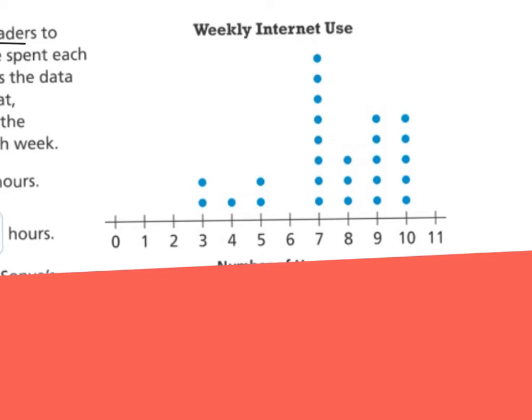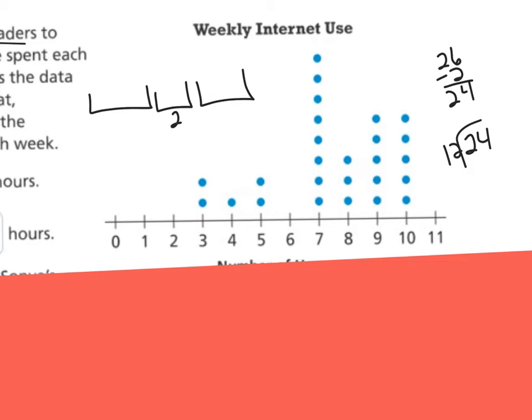So 26 dots. If I split 26 in half, that's 13, but I need to have 2 middle dots though, right? So 2 middle dots. 26 minus 2 middle dots is 24. If we split that evenly would be 12.